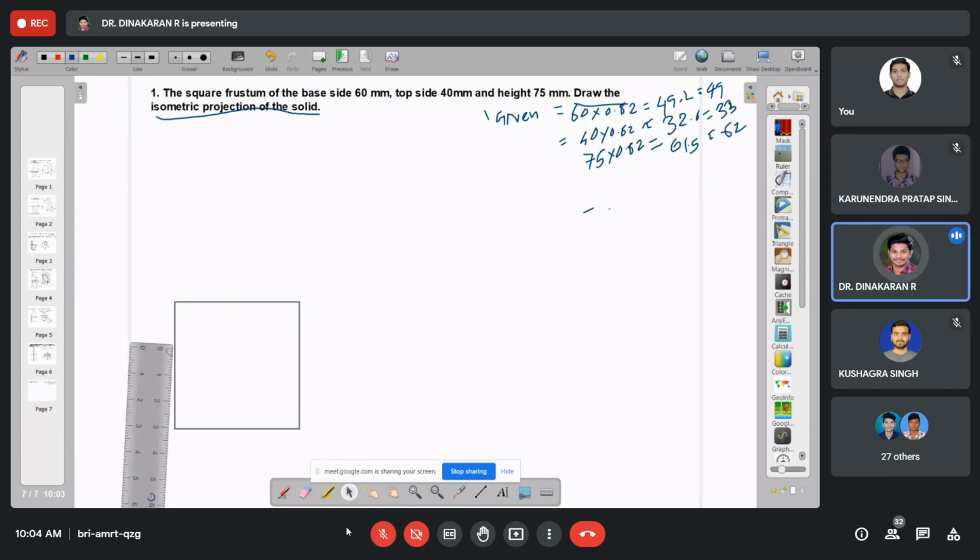Any doubt on this reduction square? No, sir. So first I draw a square of 49.